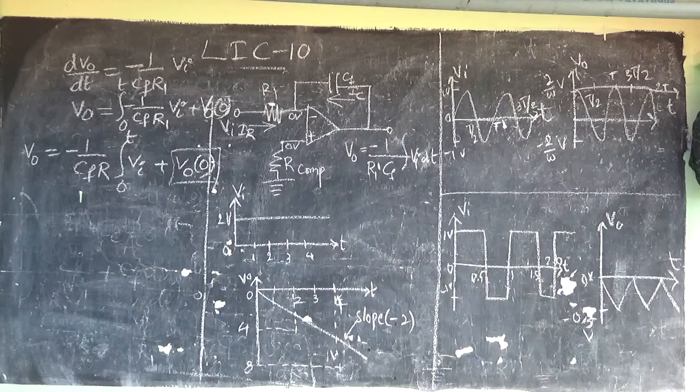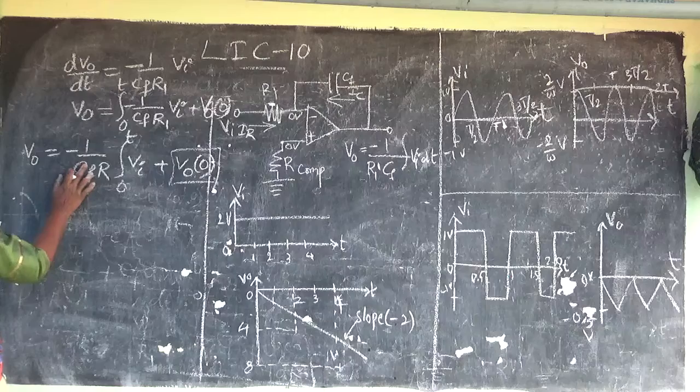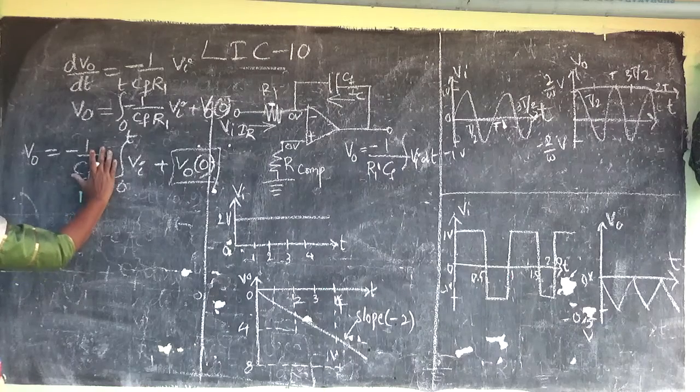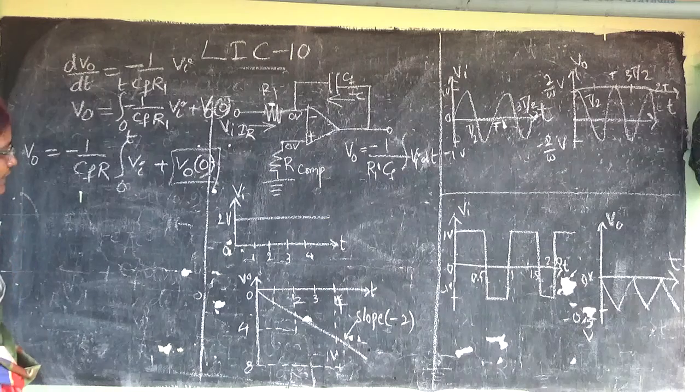So here, what is my output? The output is the integral of the input multiplied with some constant, and the inversion of that will give the output.